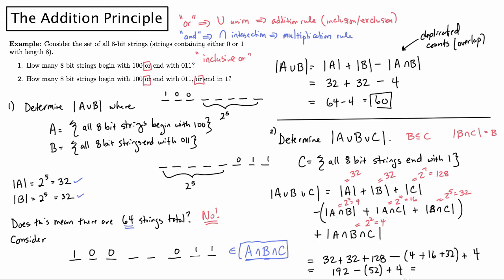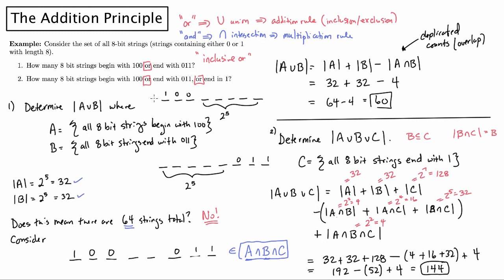So we end up with 144 for our answer here. So there are 144 strings that end with 100 or 011 or potentially end in just 1. And so it's a much larger number than the 64 we looked at before because we're including a lot of extra strings that could end in a 1, whereas before they had to end in just 011.